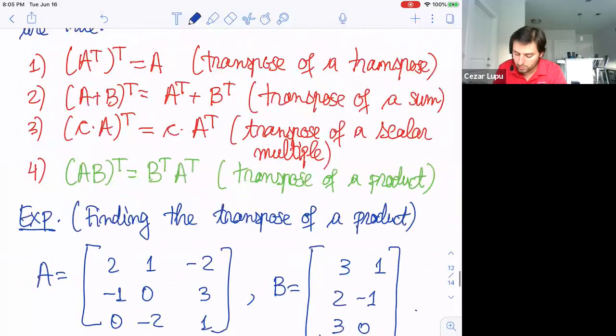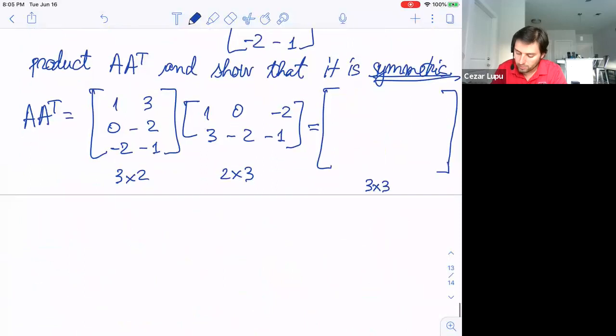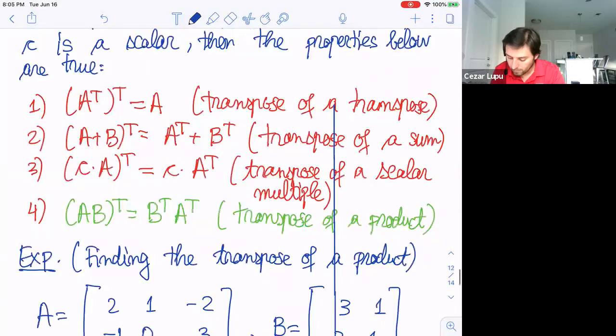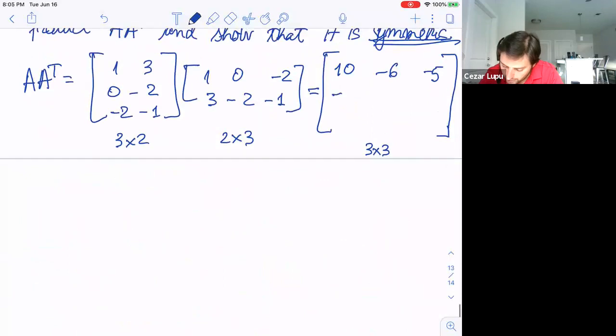Let me just write it. So this will be 10, -6, -5, -6, 4, 2, and the last row will be -5, 2, and 5. Okay, so this is a 3 by 3.